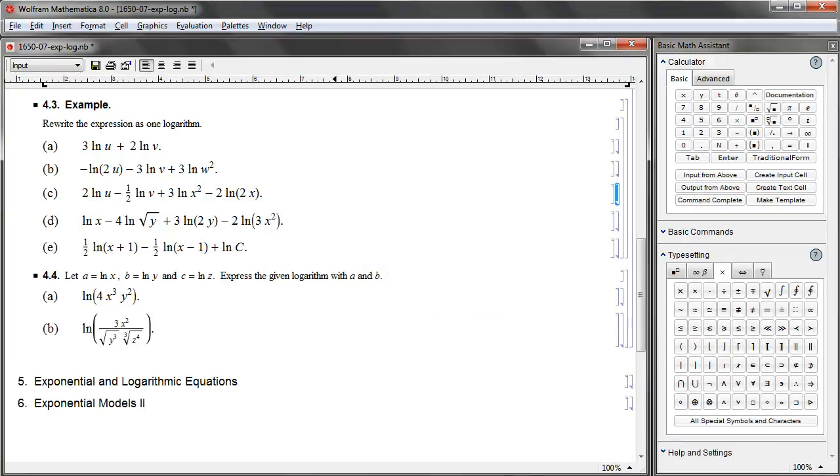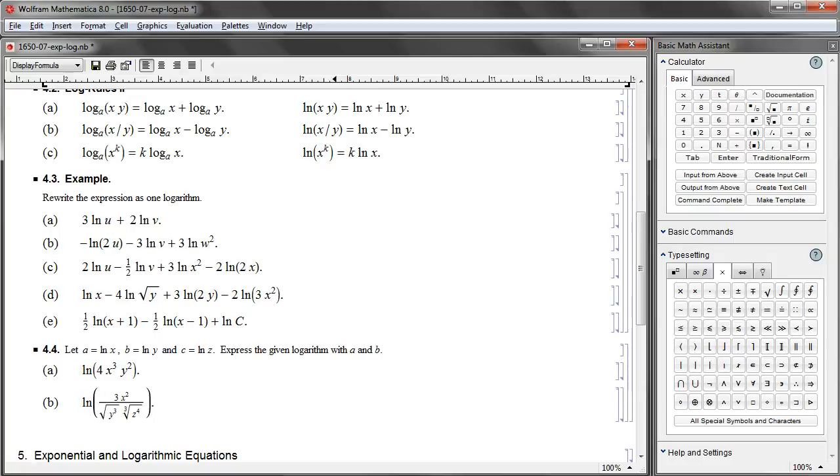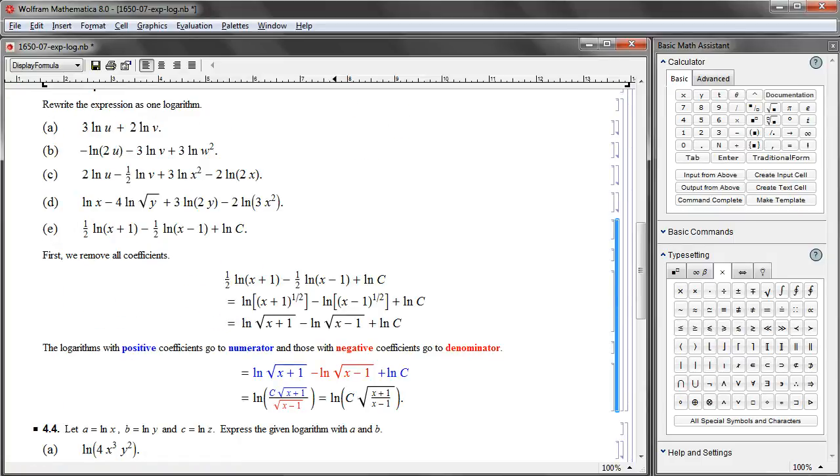What if we have some problem like this one? Well, again, the same deal. Move all the coefficients to the power and then apply rule A and rule B simultaneously. That's what we do.